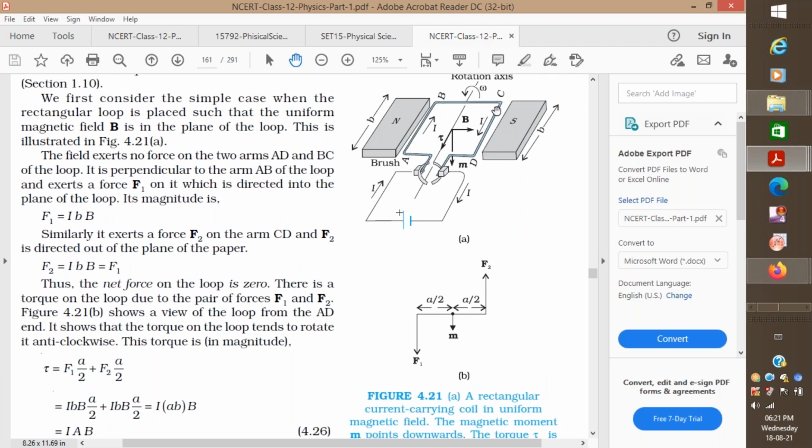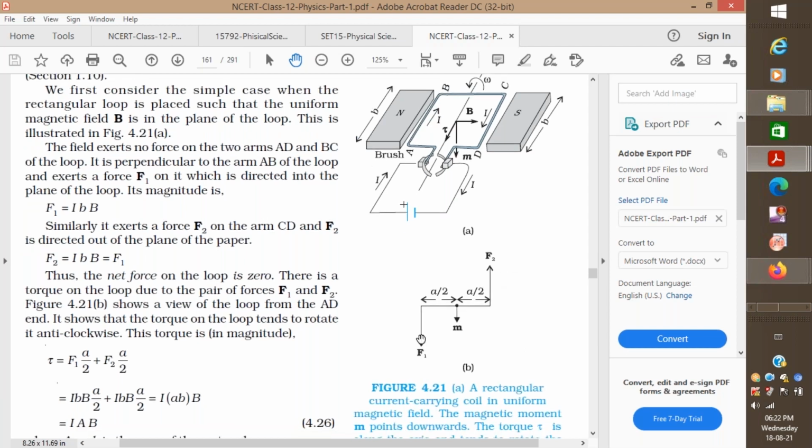Anyway, I can see that there are two forces, equal and opposite. The forces will be equal in magnitude but opposite in direction. Look at this figure here. The AB arm is this one, and the other arm is CD, and they are connected by BC.